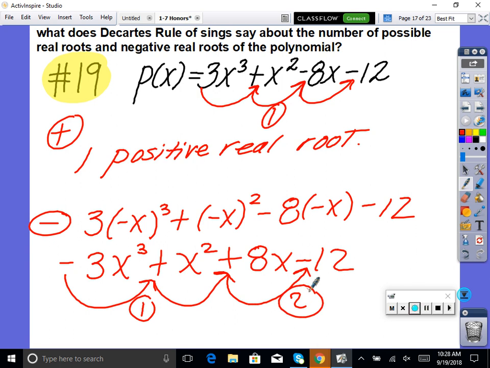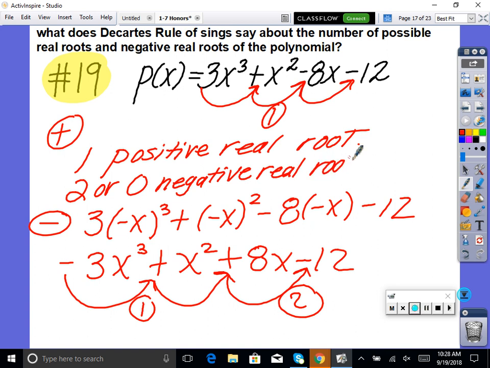So with negatives, we have 2 or 0 negative real roots. We just answered the question. Now once again, that's only somewhat useful. I would test positives first, but that doesn't necessarily guarantee that we're going to find one in our rational roots.